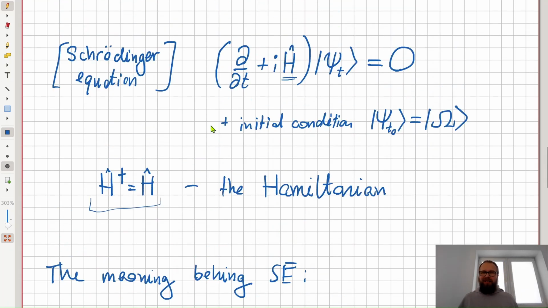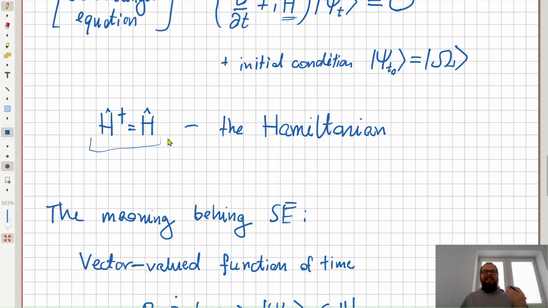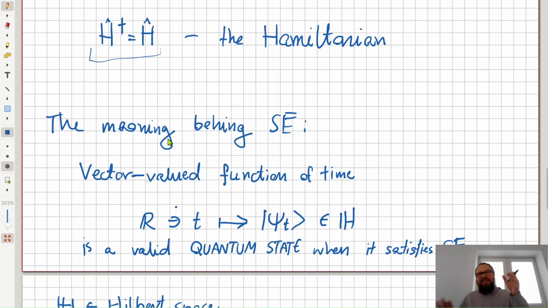The second thing, I said that it's a Hermitian operator. But Hermitian, the dagger operation, makes sense because it is defined with respect to an inner product. Inner product, scalar product, if you will, is something that you do on vectors.